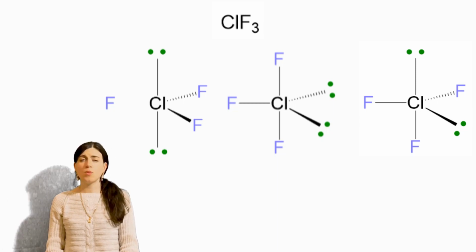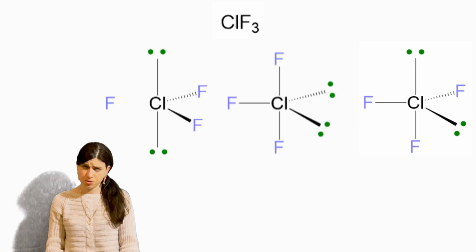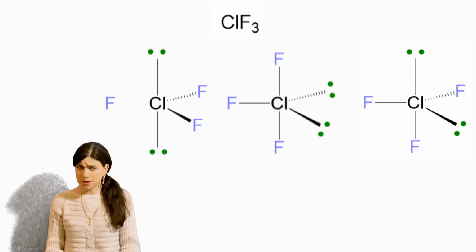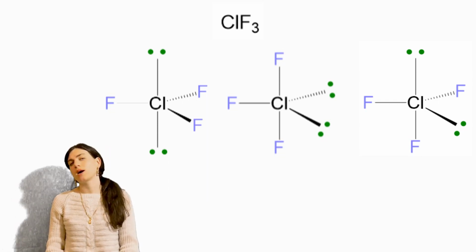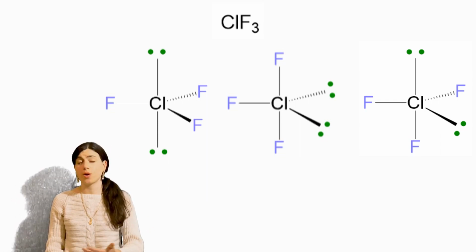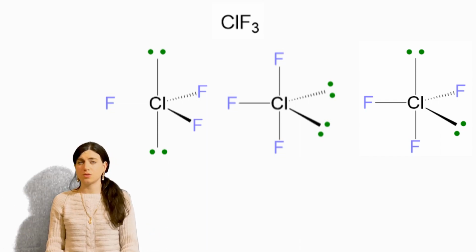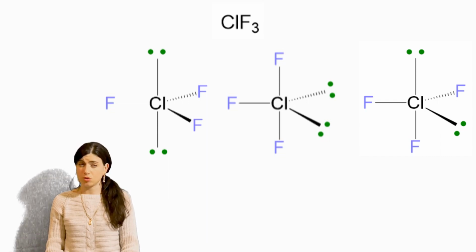Let's count how many LP-LP repulsions we have at 90 degrees, how many LP-BP repulsions we have again at 90 degrees, and if you want you can count also the bond pair repulsion at 90 degrees, but in general you don't need it because the first two are already enough to define the most stable electron arrangement. So let's see for the first structure.